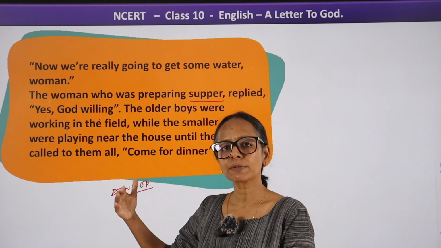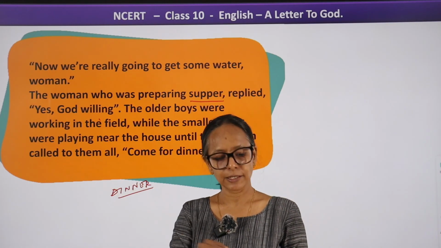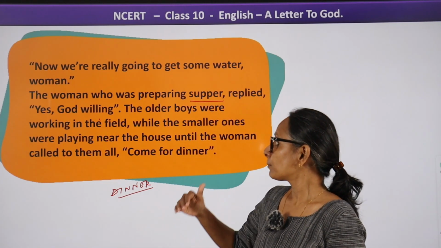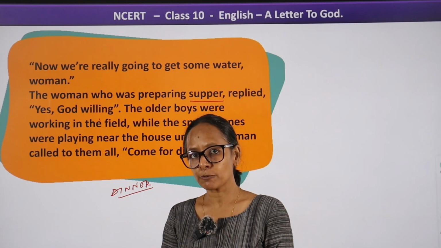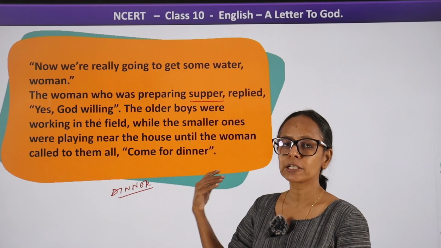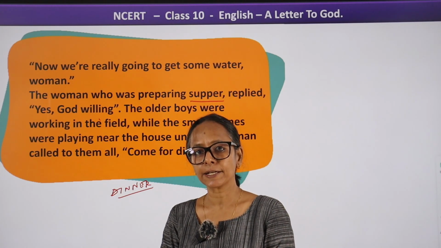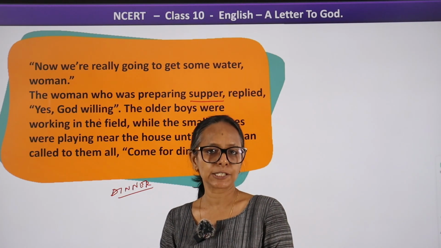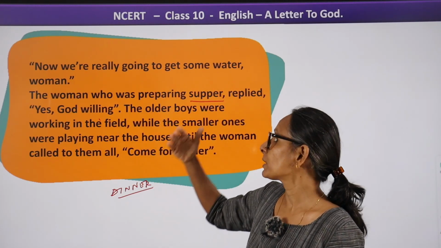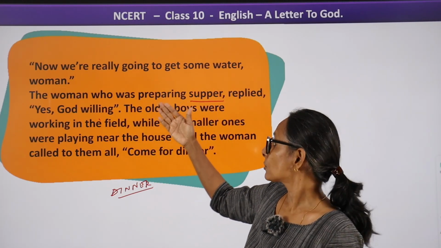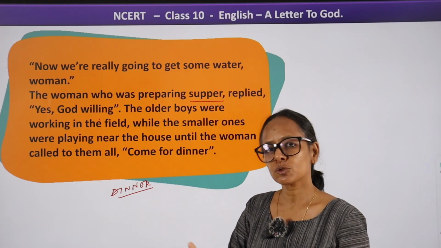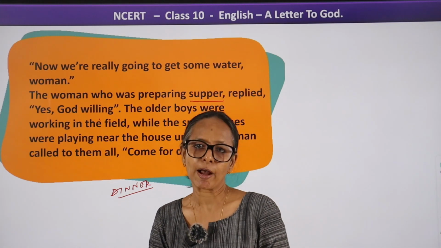So the older boys were all working in that field and the younger, smaller ones were playing all around the house. Till when? Till his wife goes out and says, come for dinner. She is calling everyone inside for dinner. So it is late in the evening now. She has made dinner because we were informed in the previous sentence that she was preparing supper, which means dinner. So she is calling all her boys inside to have supper.